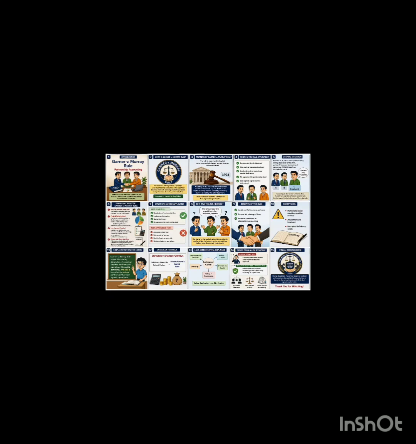The Garner versus Maurer rule solved this problem by clearly stating that the solvent partners should bear the loss in their agreed capital ratio. The benefit of the rule is that it helps to avoid conflict among the partners in critical situations, ensures fair sharing of losses and removes confusion at the time of dissolution of accounts.